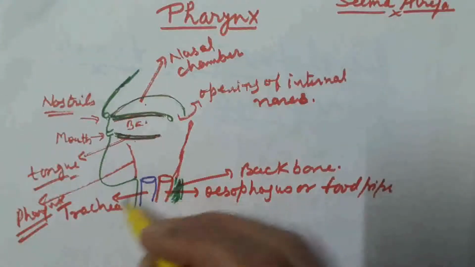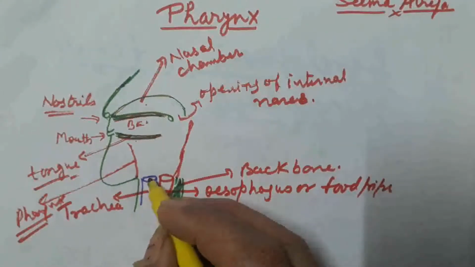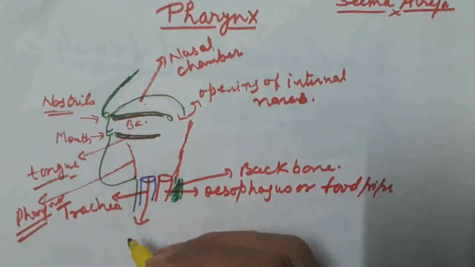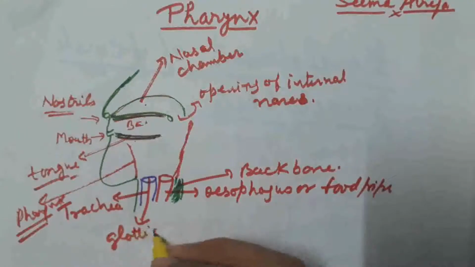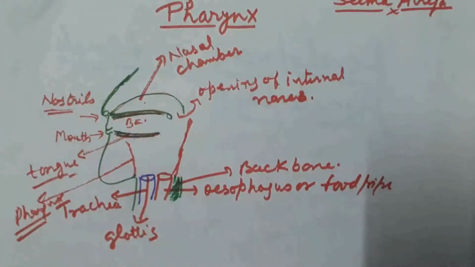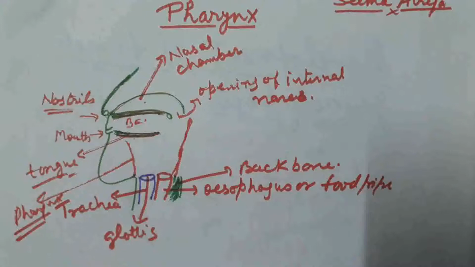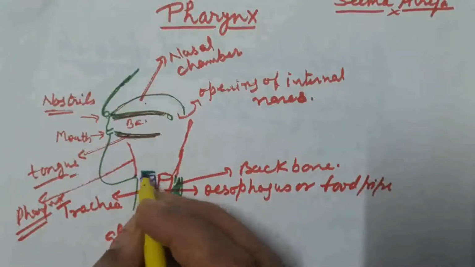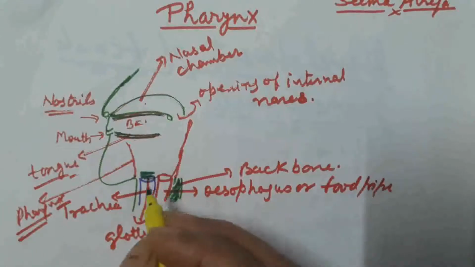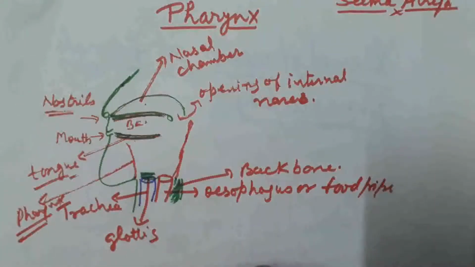The opening of the trachea is known as the glottis. And there is a cartilaginous flap which covers the glottis at the time of swallowing of food.